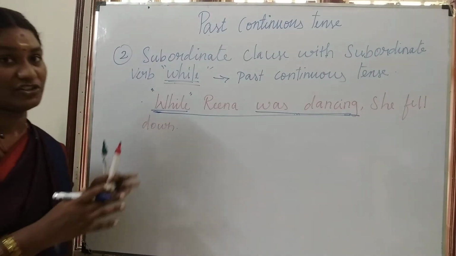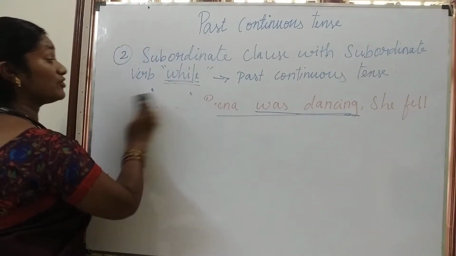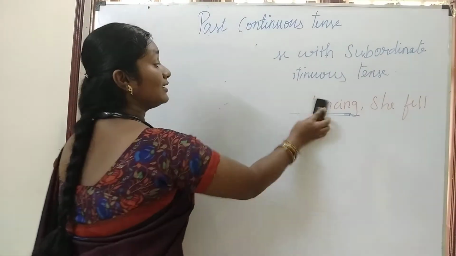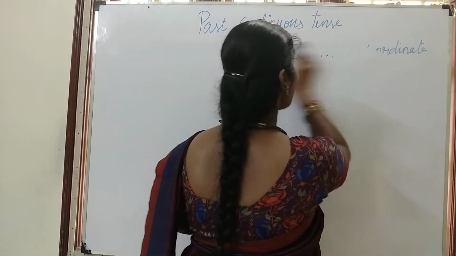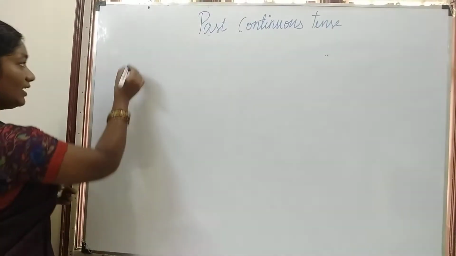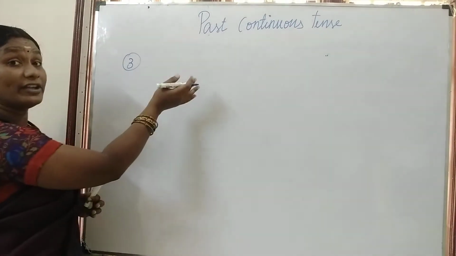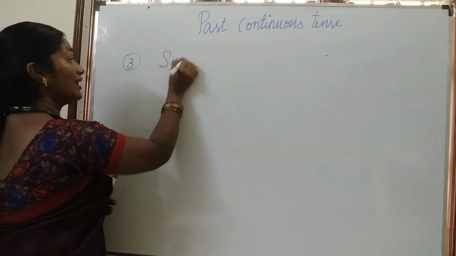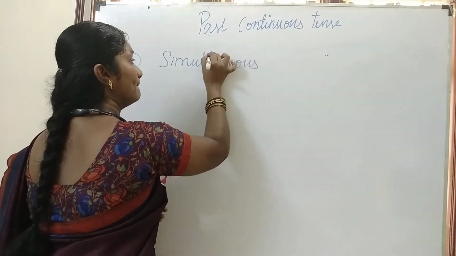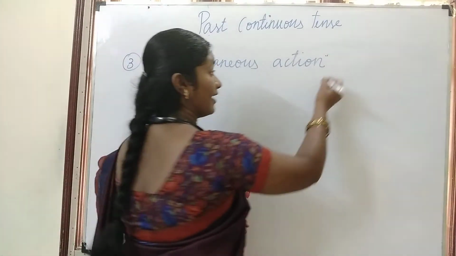So next, the third rule is we use past continuous tense to express actions that happen or occur simultaneously without disturbing each other. The third rule is we use past continuous tense to point out simultaneous actions.